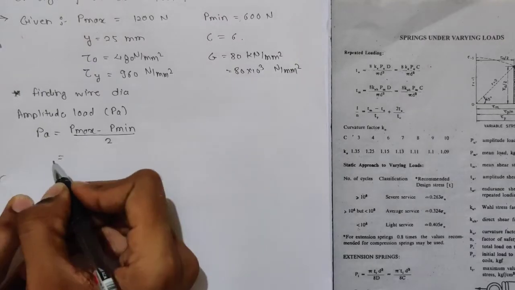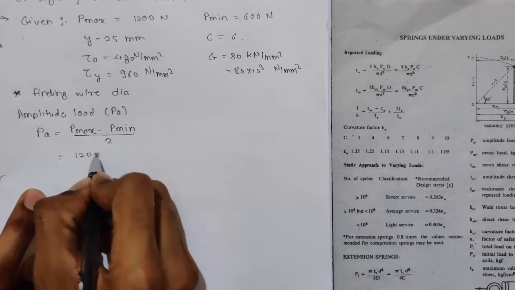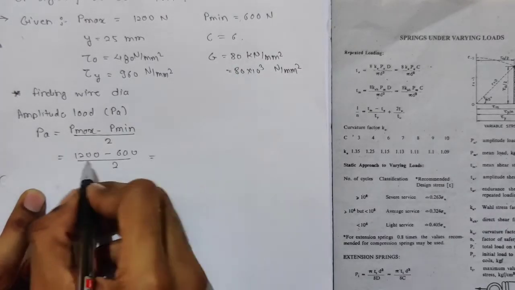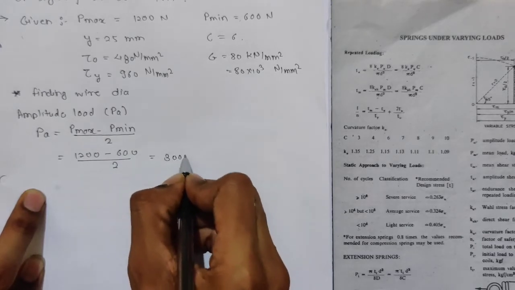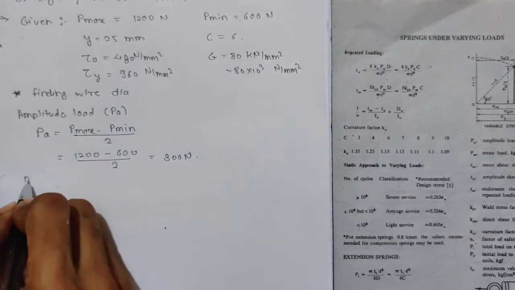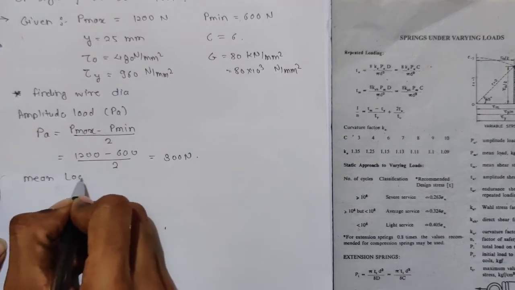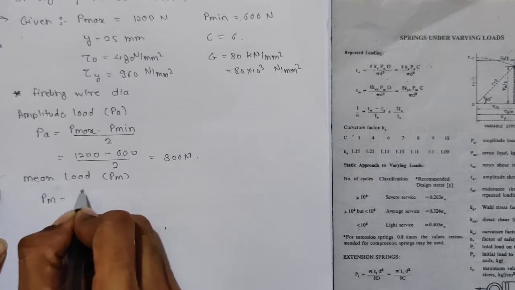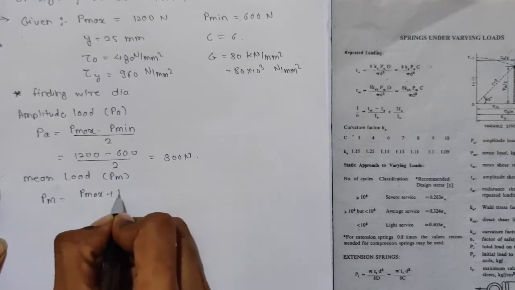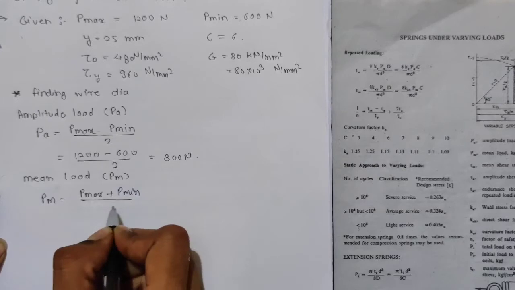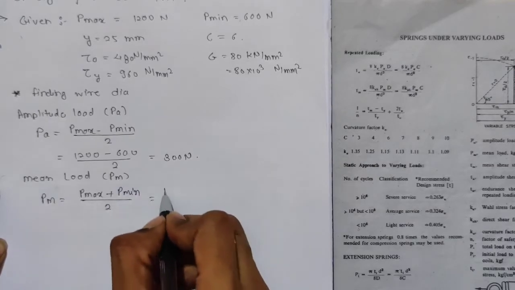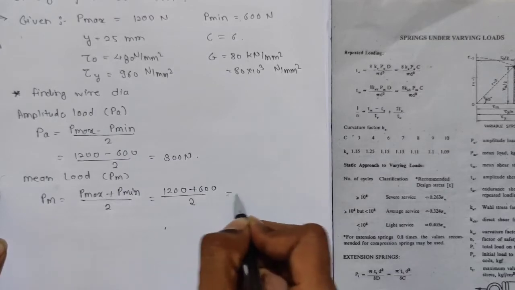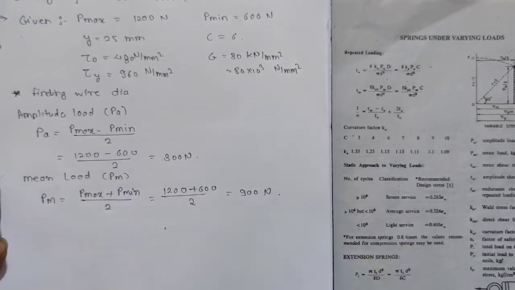So P max is 1200 minus 600 divided by 2, which is 600 by 2, so 300 Newton. Similarly the mean load PM is P max plus P min upon 2, so 1200 plus 600 divided by 2, so 1800 by 2 is 900 Newton.